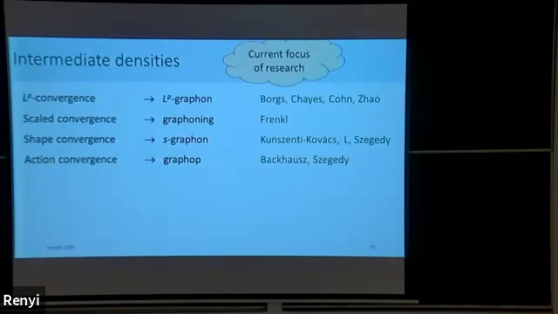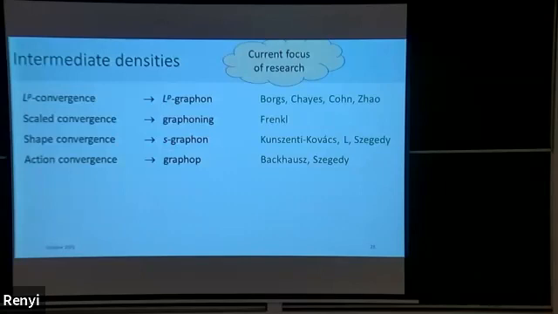Now, this looks discouraging because there are different notions and different limit objects, but on closer inspection, it turns out that S-graphons and graphops are equivalent. Graphop is a functional analysis approach, and this is a more probabilistic or measure theoretic approach, but they are actually equivalent objects. And the L^p graphon is a special case of this. And graphing is also essentially these with some bells and whistles, which I will not go into.